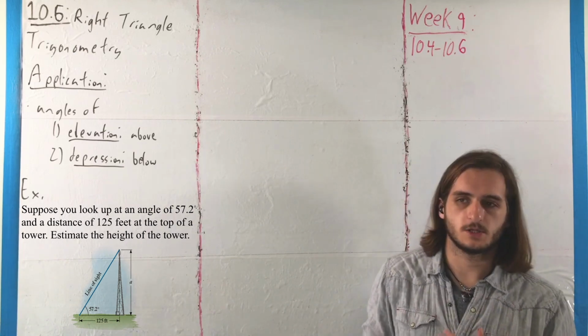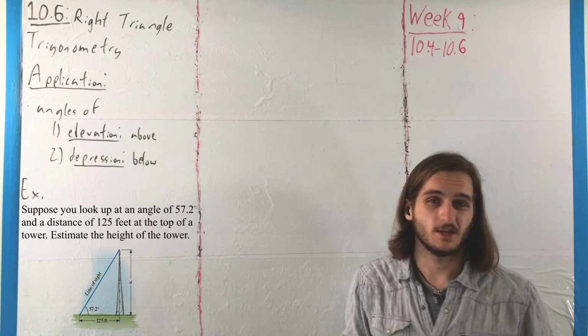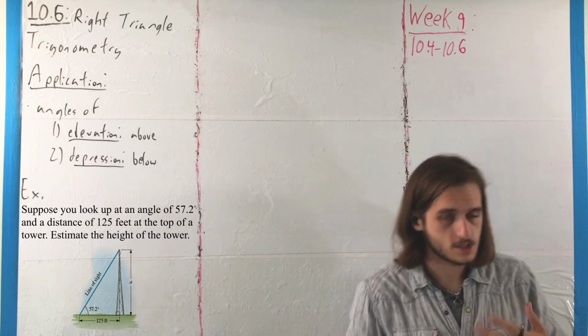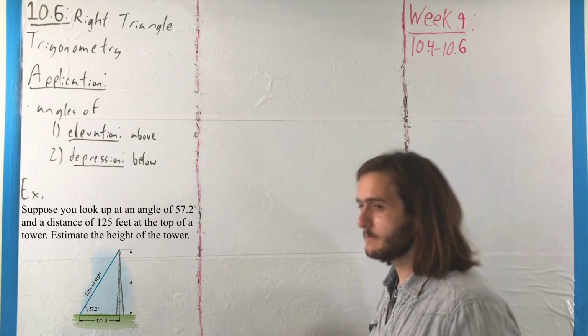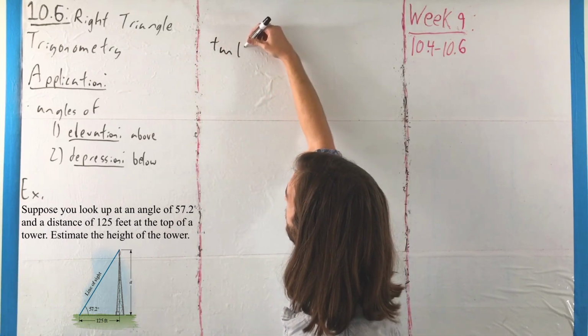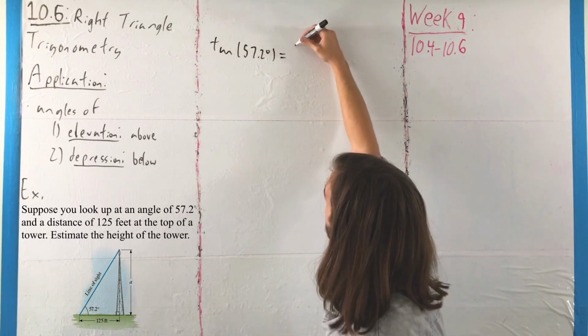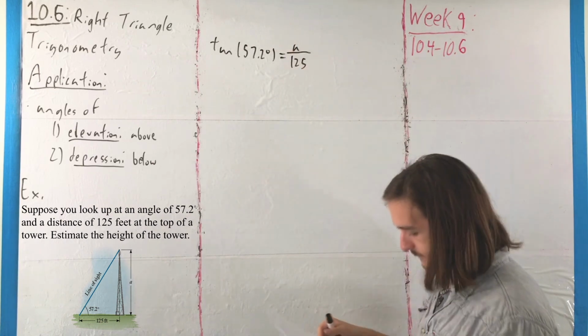As important as anything here is being able to recognize the patterns that our values fit into, where tangent tends to be kind of obvious, but we'll see what happens with the next example as well. In this case, by our defined relationship, tangent of 57.2 degrees has to be equal to the value a that we are looking for over 125 feet.